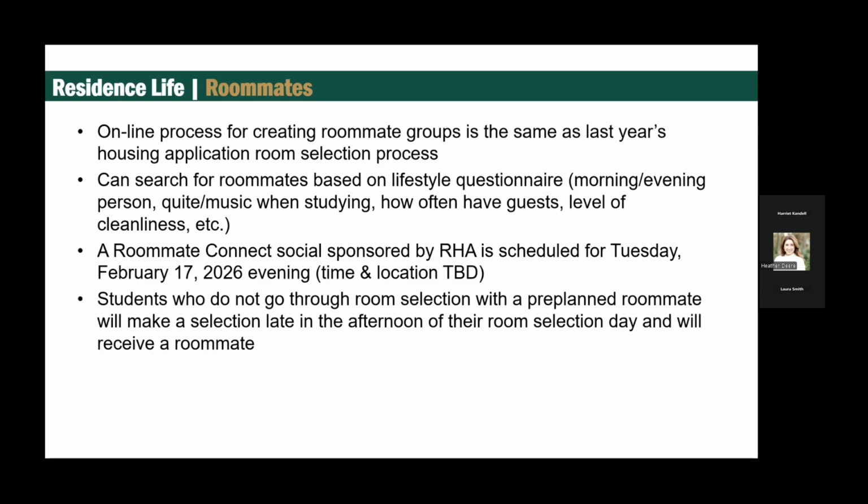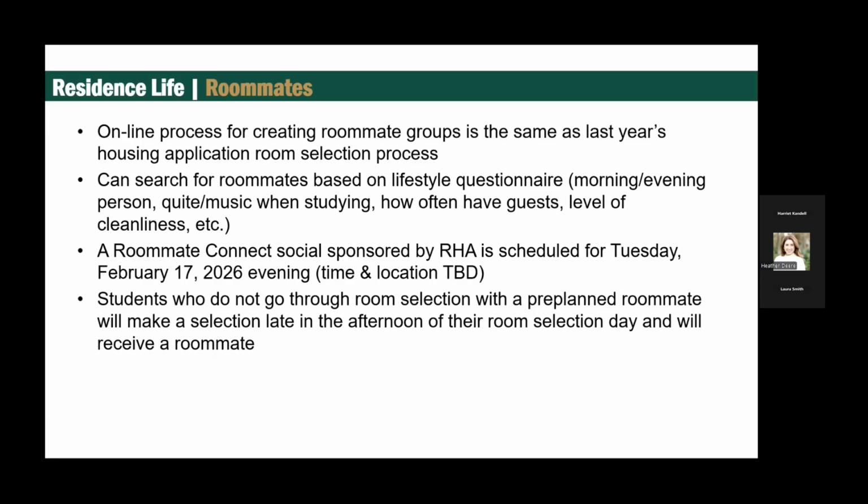We really want folks to know that we have found that the questions in the lifestyle questionnaire, and also some fun questions at the Roommate Connect, are great ways to match folks and see if they would be compatible, and it really starts those great conversations. Students who do not go through room selection with a pre-planned roommate will be able to make a selection in the late afternoon of their traditional room selection day, and they'll receive a roommate.